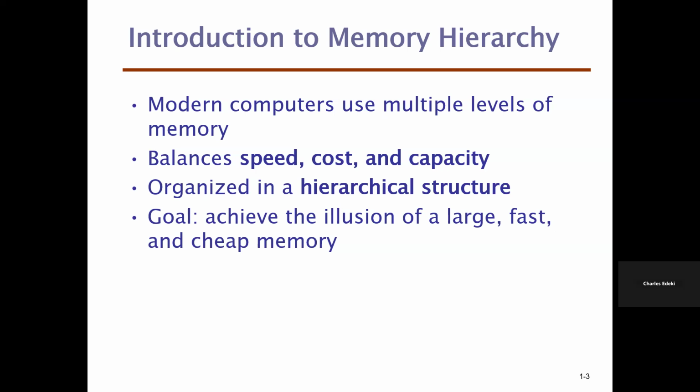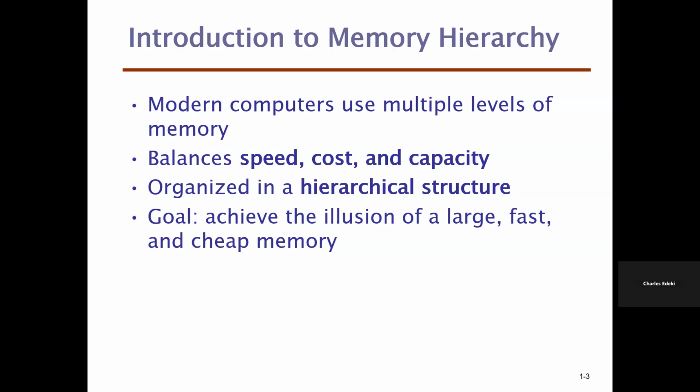Fast memory technologies are more expensive and have a smaller capacity. An example again is registers. Slower technologies are cheaper and have much larger capacity. So we saw the memory hierarchy and how it's organized. That's the problem. Now, what will be the solution? Let's use a combination of different memory technologies.